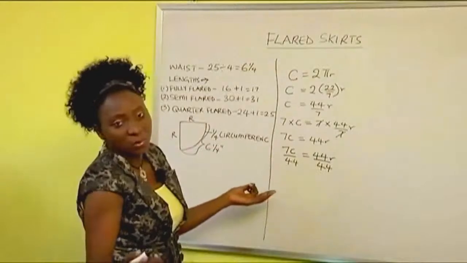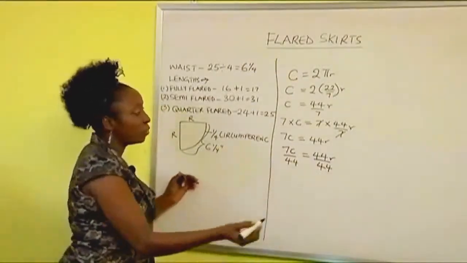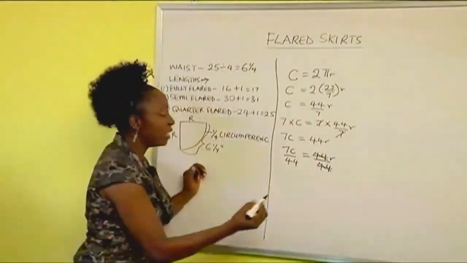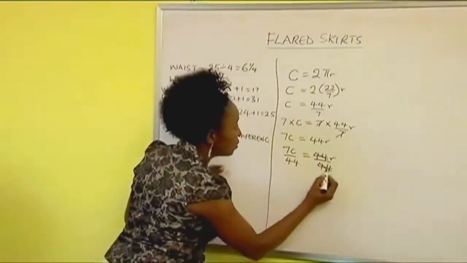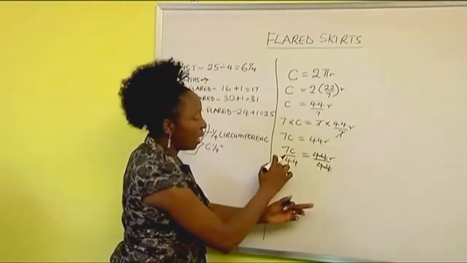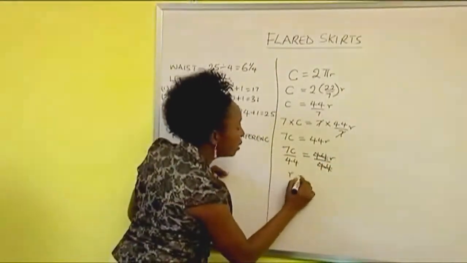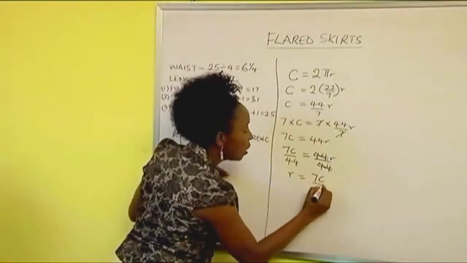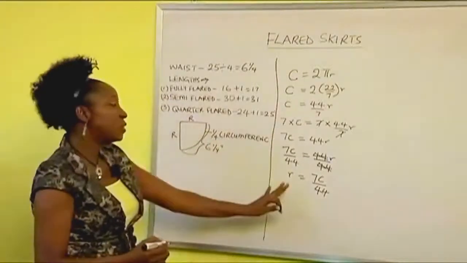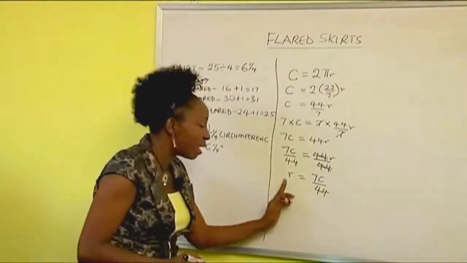Now, once I've done this, I just cancel 44 with 44, and then what I'm left with is r. So now I'll change this to the other side, and that will be r equals 7C/44. Easy.